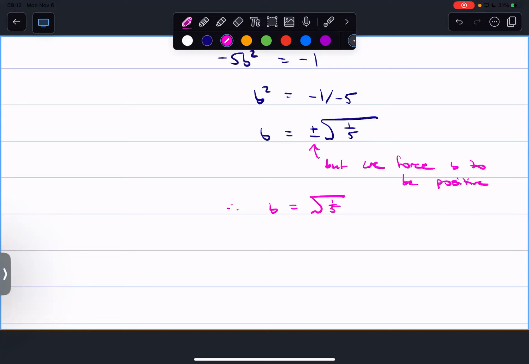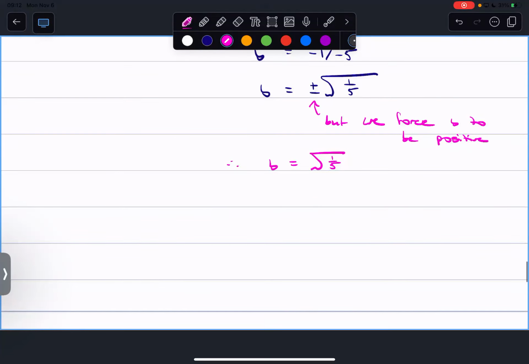Now, I don't think this is going to be anything nice, but let's just try it. It's not. But I think we're okay with using an approximation. The exact value would be the square root of 1 over 5, but let's just use approximately 0.4472. Close enough.